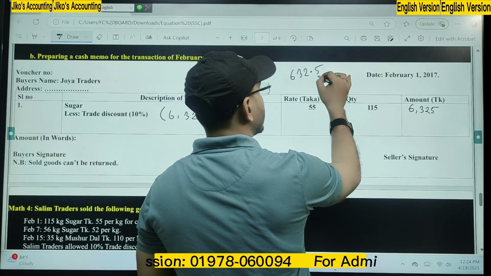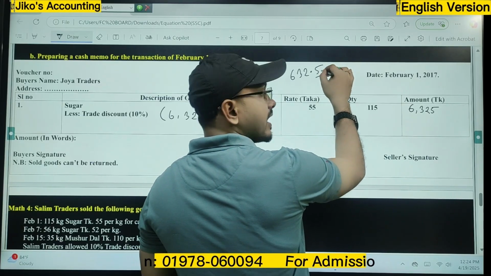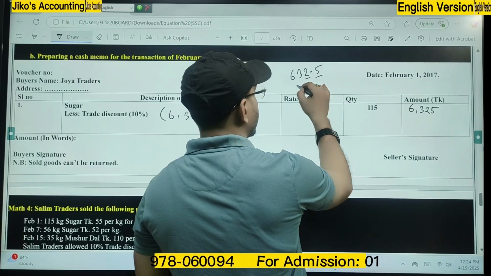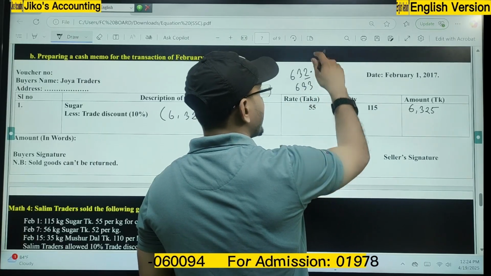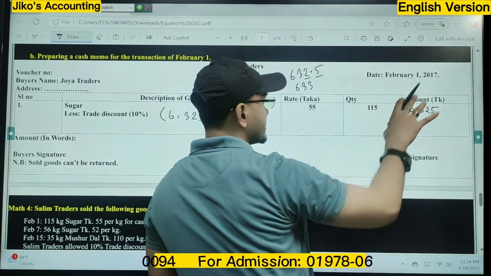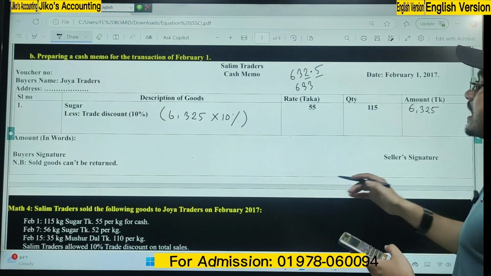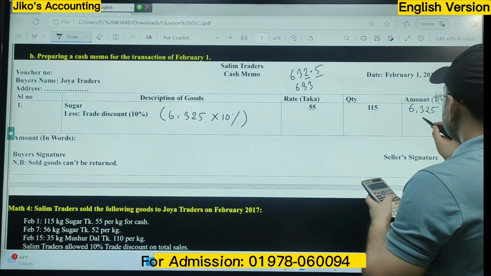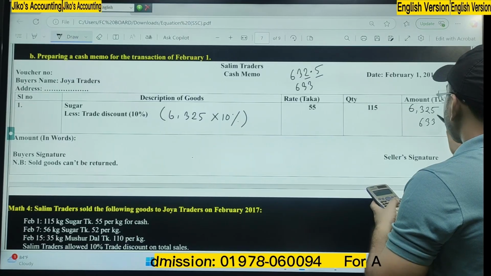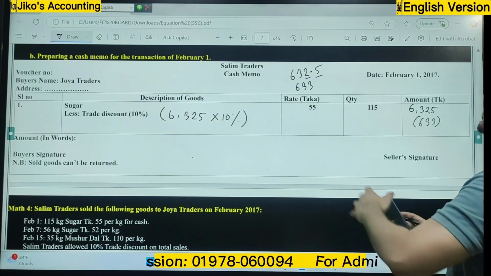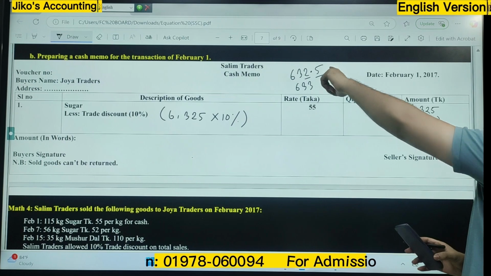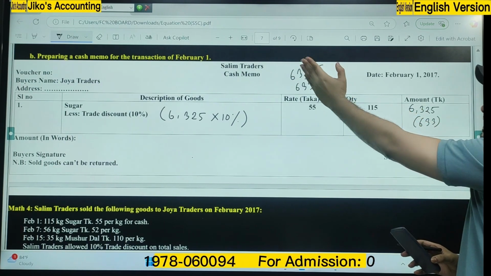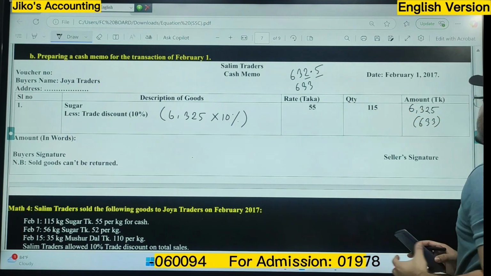After the decimal, if my digit is similar to 5, that means I can add 1 here, 633. If it is below 5, I don't even have to calculate this. Sir, to avoid decimal, I'm going to make it a round figure. Instead of deducting 632.5, I have made it an equal figure after avoiding decimal.